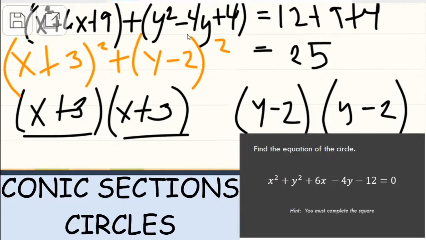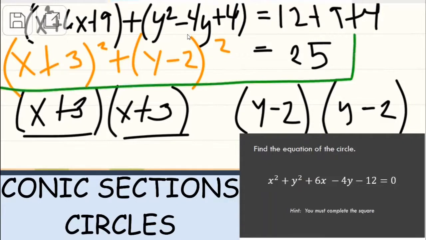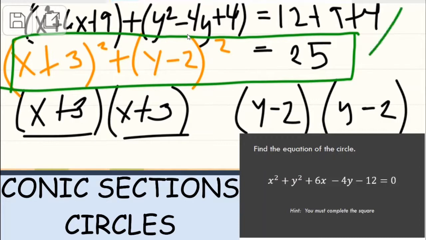So, ang sagot natin will be this one. So, nakuha natin yung format ng equation ng circle, and that is x plus 3 squared plus y minus 2 squared equals 25. So, that's our final answer.